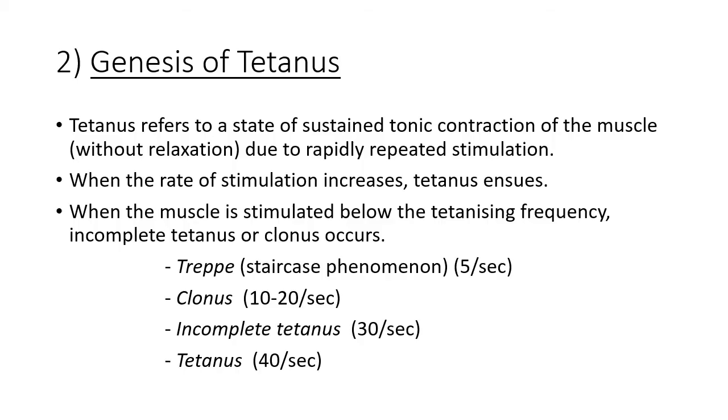Now we will see this genesis of tetanus in four different parts: treppe or staircase phenomenon when we give 5 stimuli per second, then clonus when we give 10 to 20 stimuli per second, then incomplete tetanus when we give 30 stimuli per second, and lastly tetanus when we give 40 stimuli per second.